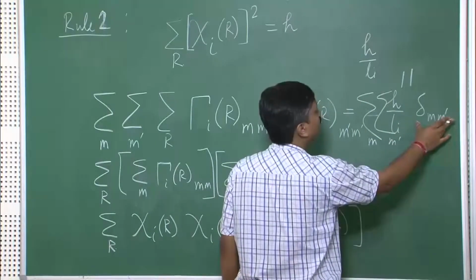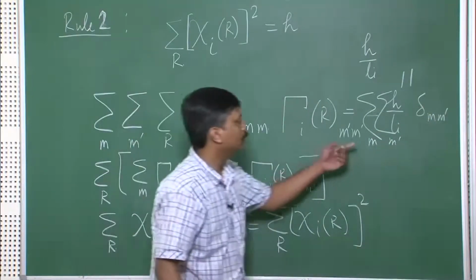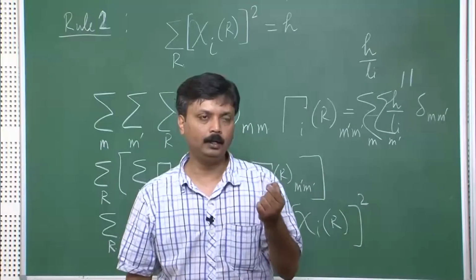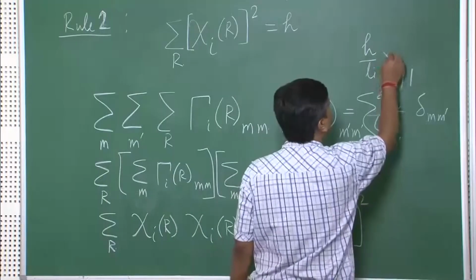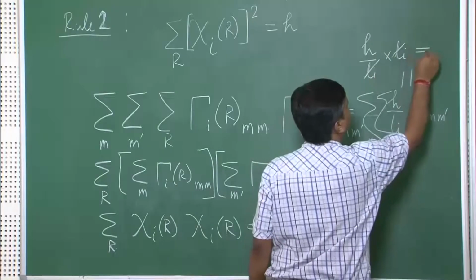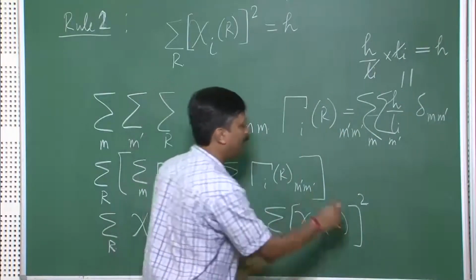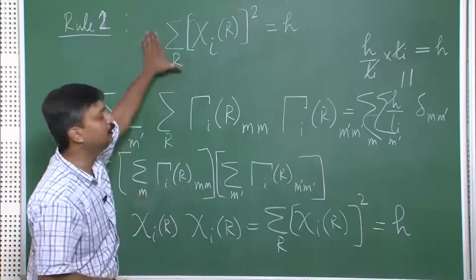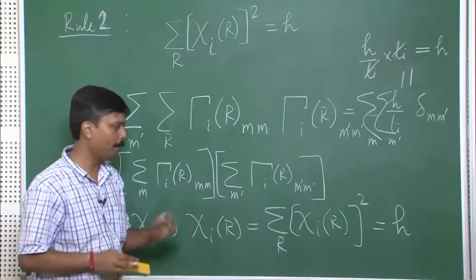That is going to ultimately give me Li, because this m runs from 1 to Li, correct? Because Li is the dimension. So ultimately I will get Li, and this is going to give me h. Thereby this part is equal to h, and that's what this rule says, correct? So this is the way you can prove it, fine.